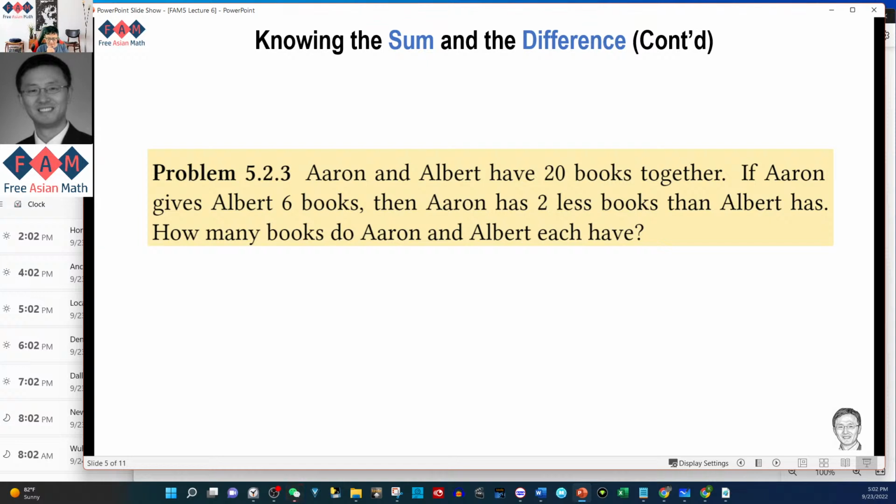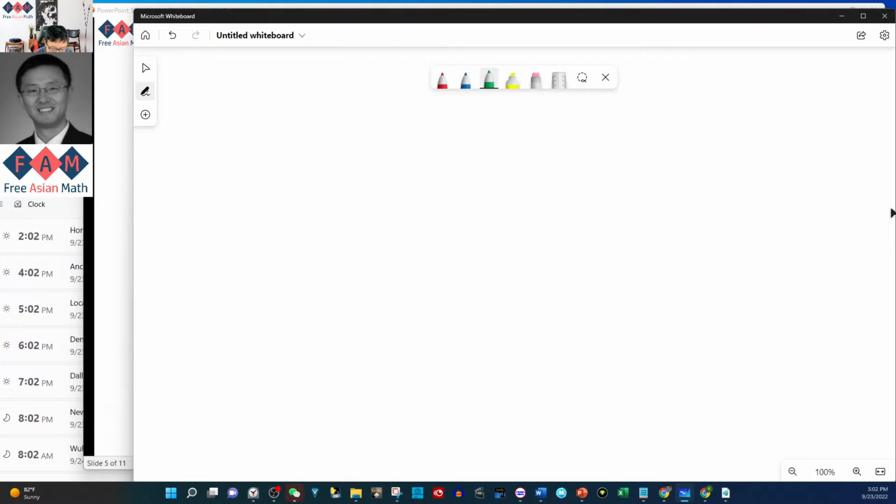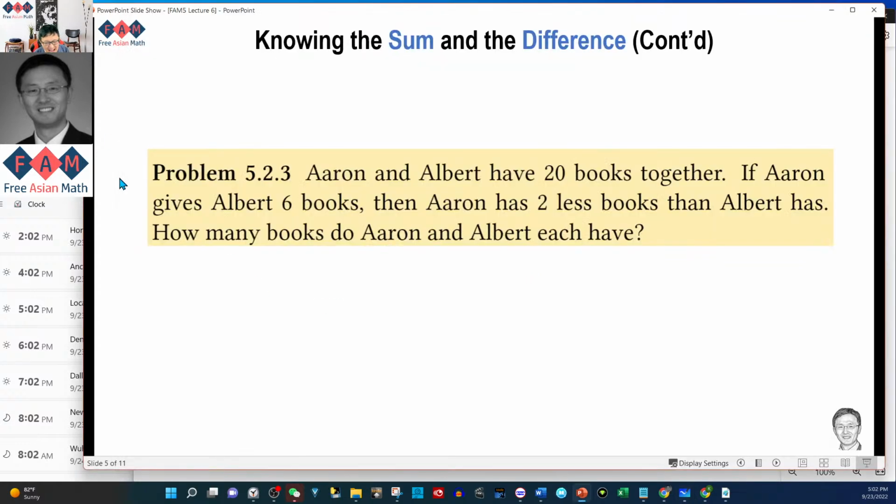Well, this problem can actually be solved in 2 ways. One is to think about the actual difference between Aaron's books and Albert's books. Because the second condition is not given to you in a direct way, it's in an indirect way, right?